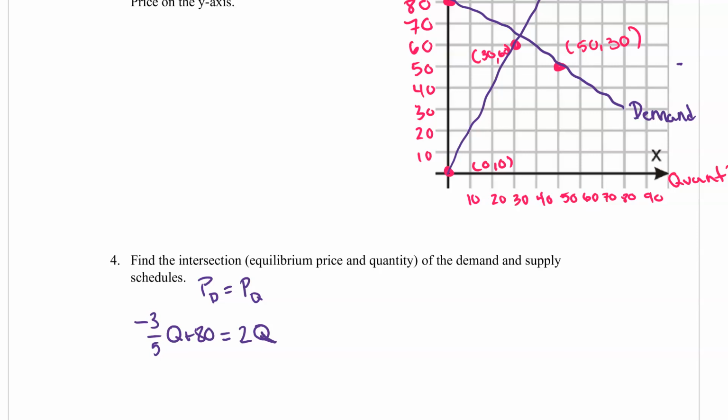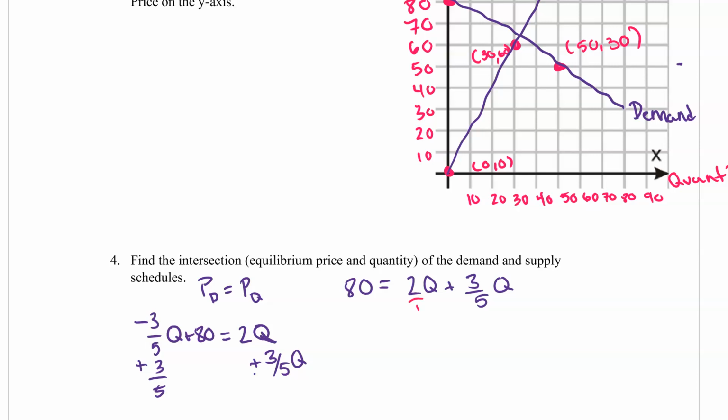Then we move our variable to the same side. So I'm going to have 80 equals 2Q plus 3/5 Q. I want to have like denominators so I can add those.